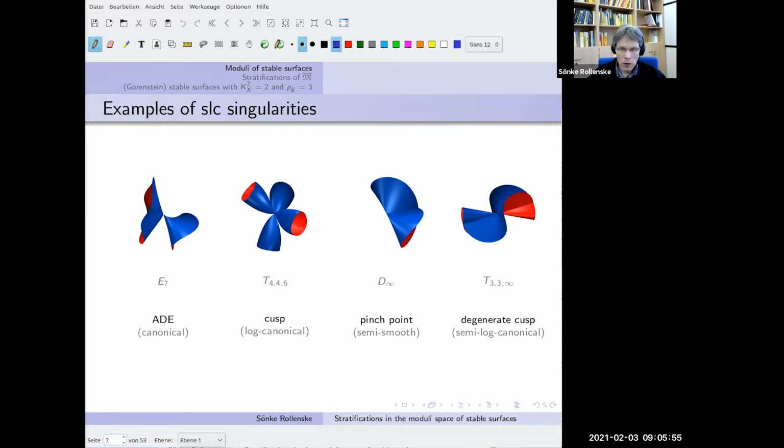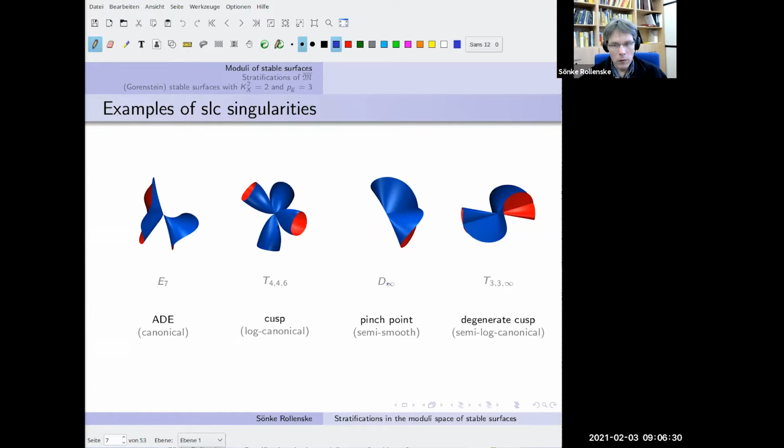You can see the normal crossing locus in codimension 1, and then the slightly worse point in codimension 2, namely this pinch point. We have seen the pinch point already; it's a nice example which you can give as an exercise for students. If you blow up the pinch point in the point, then you get another pinch point. So if you want to improve this one, you have to blow up the whole singular locus.